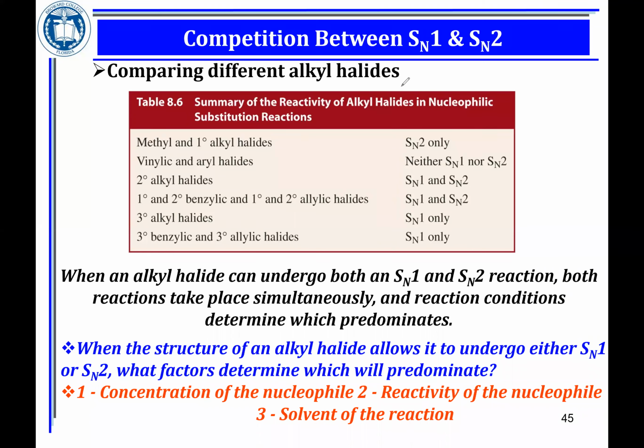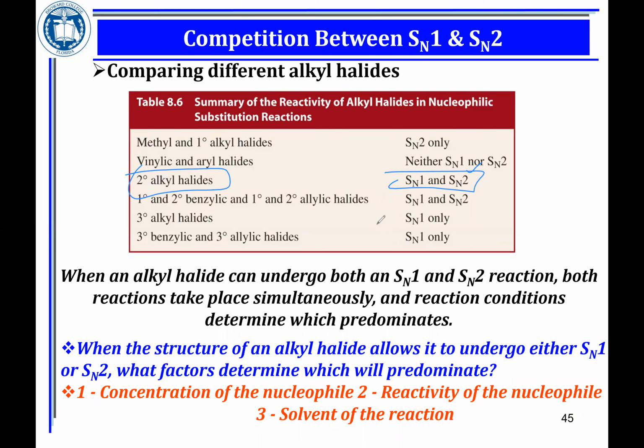So how would you make sure the reaction goes through SN2 if both mechanisms are possible, like for a secondary alkyl halide? Can anyone tell me what factors help you have SN2 rather than SN1?